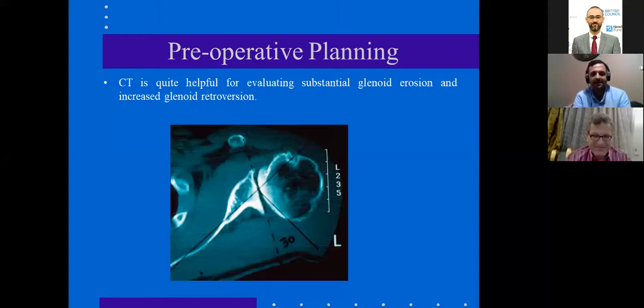So in any case of shoulder arthritis, you have to do an X-ray first, MRI and CT. And here in CT, we can see the degree of retroversion of the glenoid, with regard to the scapular spine and the anterior and posterior points of the glenoid. Then the angle is about 30 degrees of retroversion.